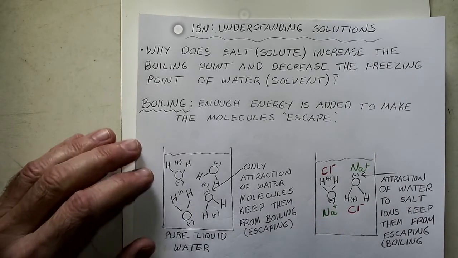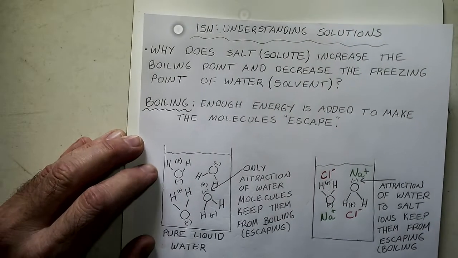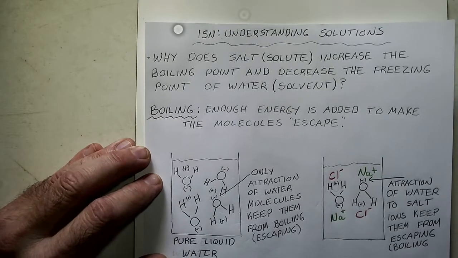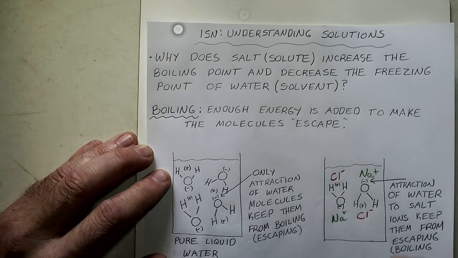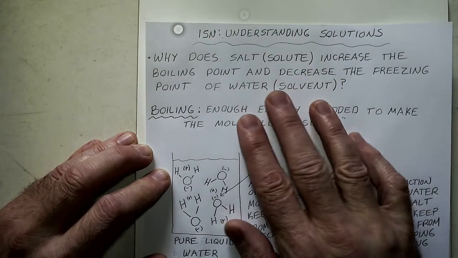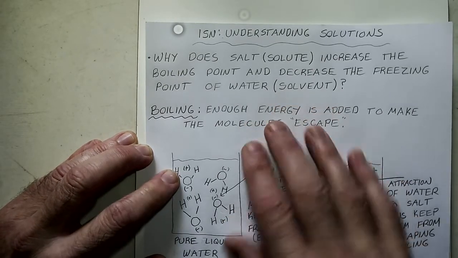And also, sometimes you put salt in water when you're cooking noodles. Most of that's flavor, but it actually does also increase the temperature of the water, and this is the reason why. So the question on the interactive notebook assignment is, why does salt, which is the solute, increase the boiling point and decrease the freezing point of water, which is the solvent?